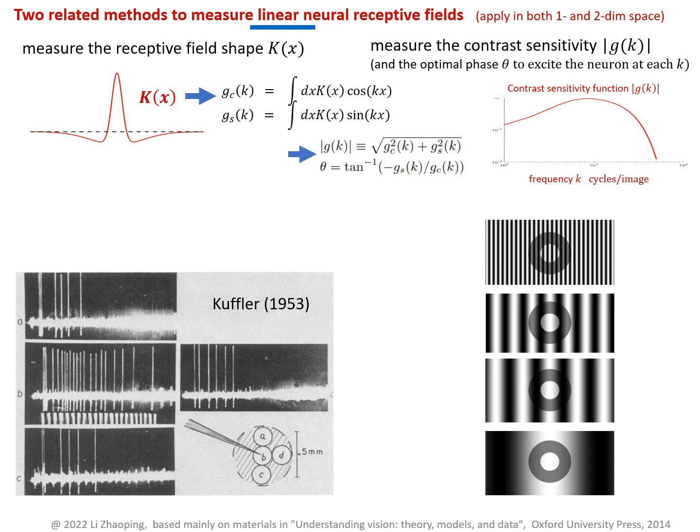Once you have the receptive field shape Kx, you can get the contrast sensitivity function Gk through this Fourier transform. In reverse, once you have the contrast sensitivity function Gk, you can get the receptive field shape Kx through this weighted summation of cosine waves. And this process is called the inverse Fourier transform.